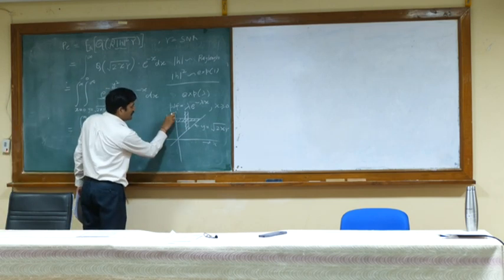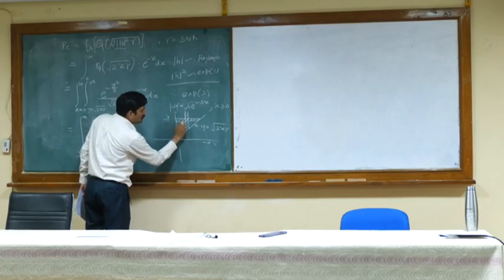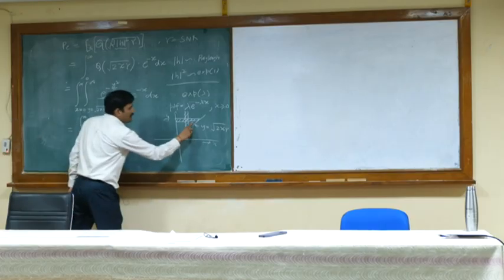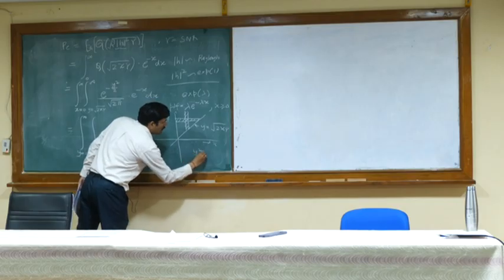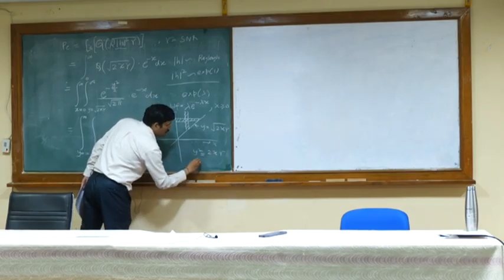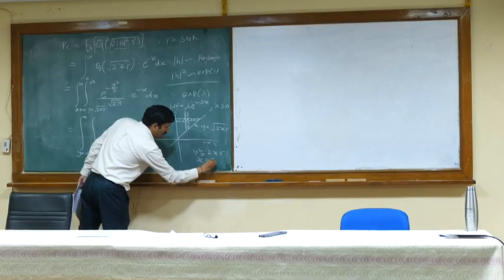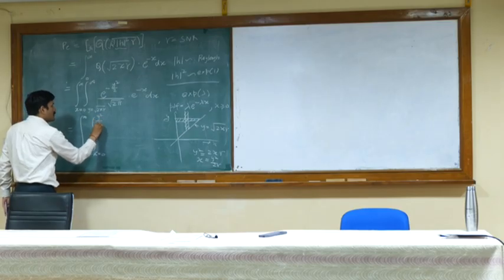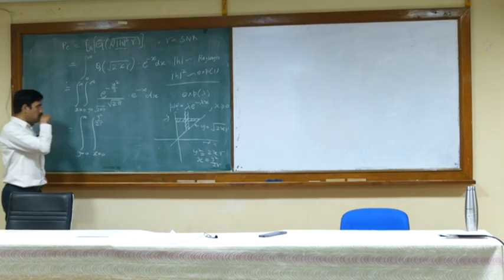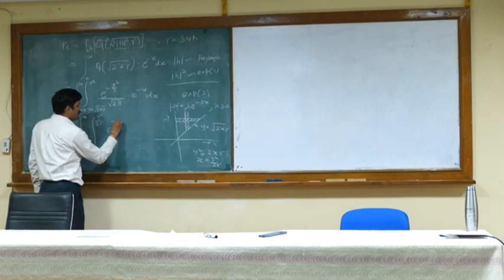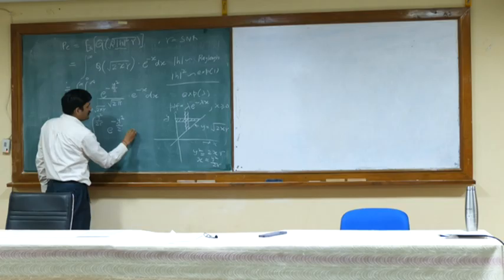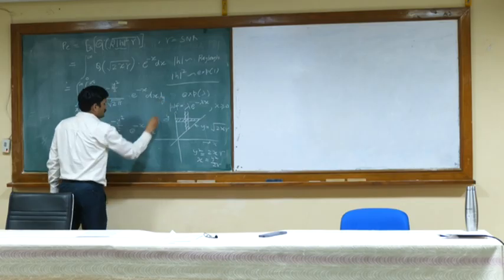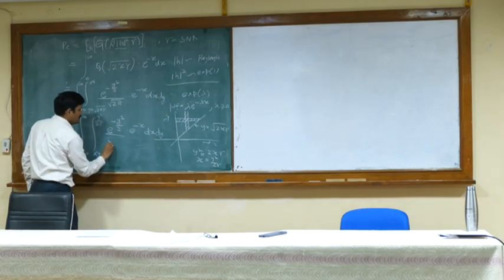Y will go from 0 to infinity, and x will go from 0 up to this line, and this line is y square equals 2x gamma. So x is equal to y square divided by 2 gamma. And we will have the same thing, y square divided by 2, into e to the power minus x dx and dy, divided by square root of 2 pi.